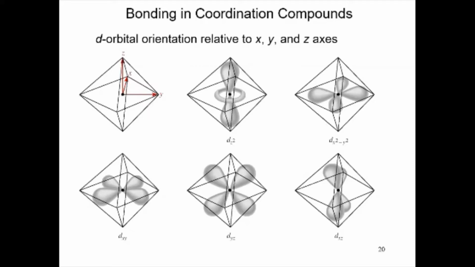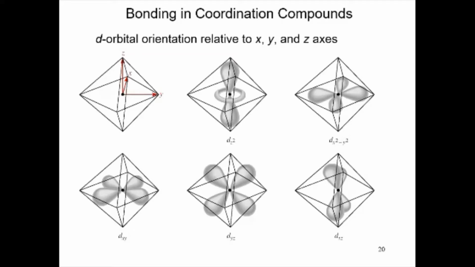What this picture shows us is, if I were to place the donor atoms of an octahedral complex, which you see on the top left there, and overlay them on top of the d orbitals of the central cation, you can see that there are 2 of those sets of orbitals that are going to get in the way of the positions of the donor atoms at those corners, either the top and bottom corner, or in this picture here, the one on the left and one on the right.